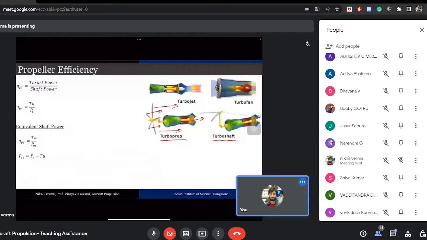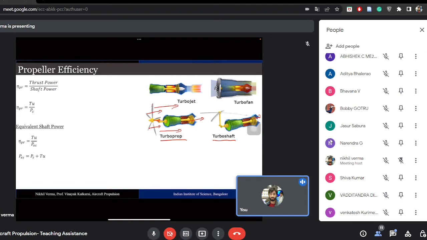Then, coming on to the propeller efficiency, this is defined mainly for turboprop and turboshaft engines, which is defined as the thrust that is being generated by these propeller blades divided by the energy that is being fed into the shaft.